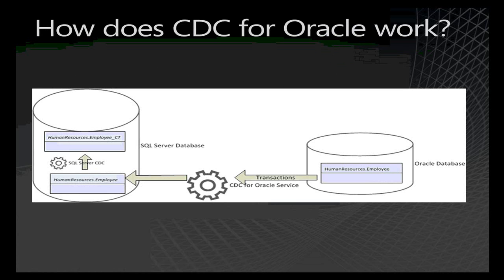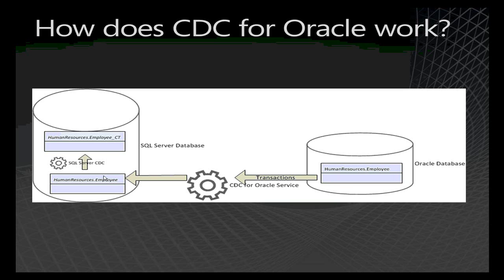So let's answer the essential question as to how the whole thing works. The CDC for Oracle leverages the native CDC functionality that is available in SQL Server. It essentially creates the SQL Server mirror tables of the tables located on your source Oracle database.